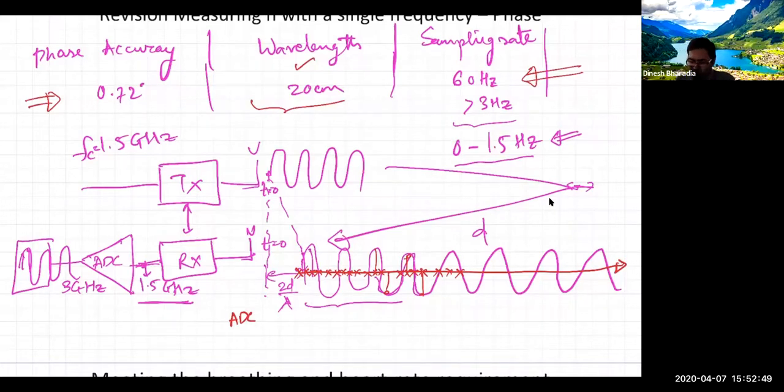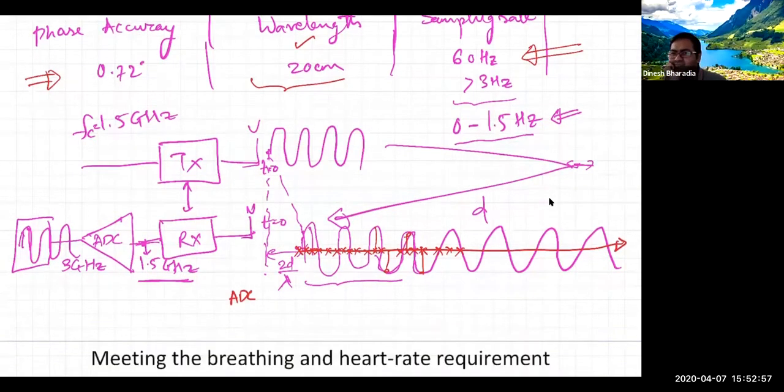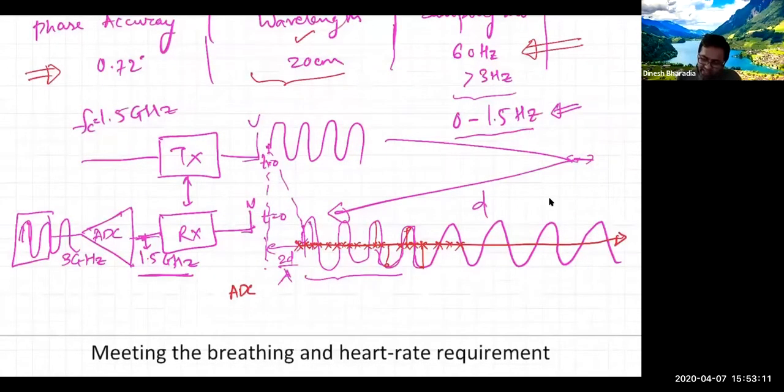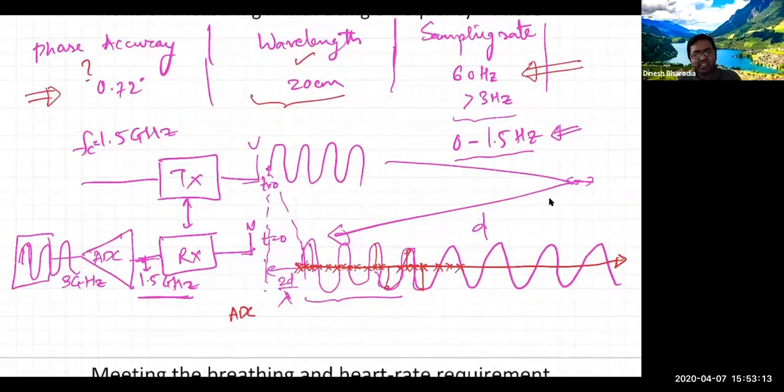Because look, I'm getting 3 giga samples right now, one sample almost every so fast. Any ideas, guys? How do we start thinking about the phase accuracy and the sampling rate of just 60 hertz here? You're getting 3 gigahertz, so how do you go to 60 hertz now?